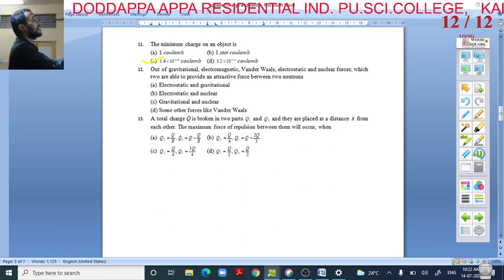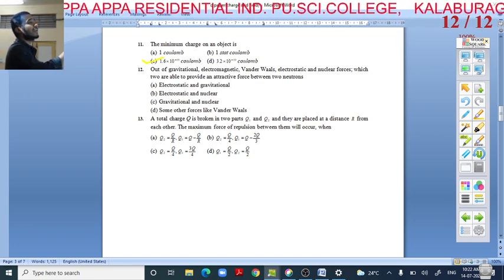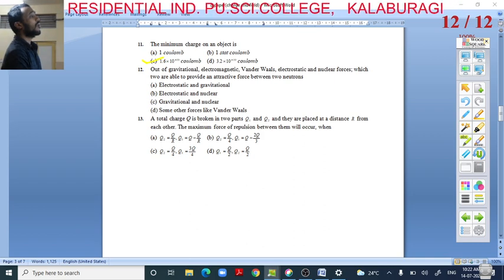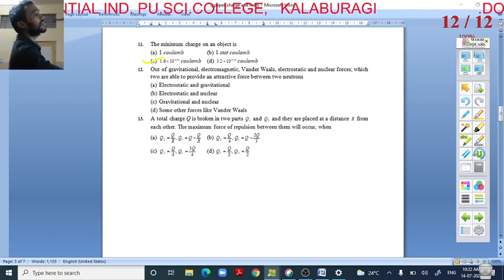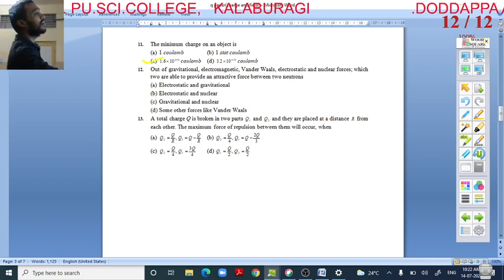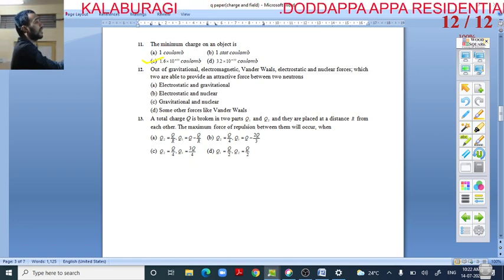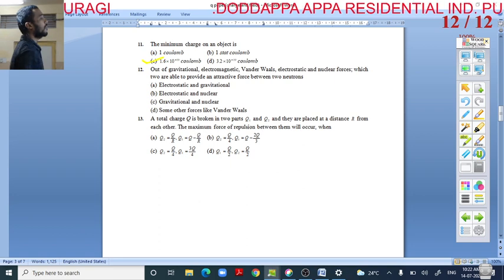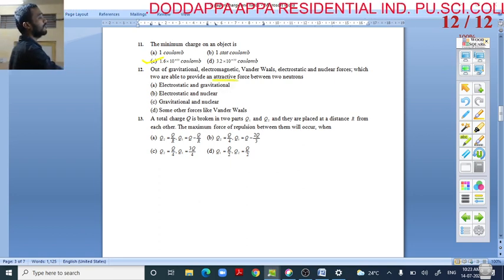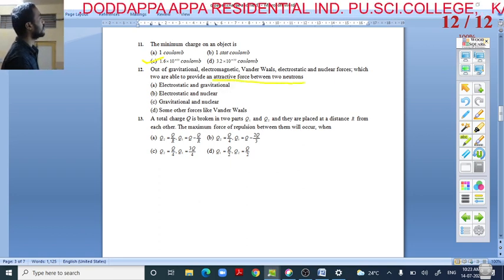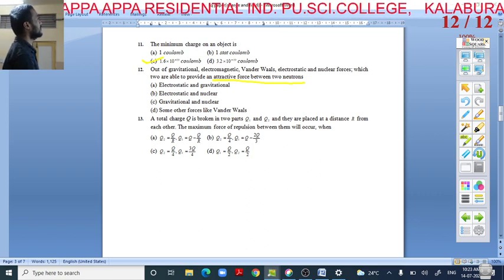Out of gravitational, electromagnetic, van der Waals, electrostatic and nuclear forces, which two are able to provide an attractive force between two neutrons? It is just a memory based question.